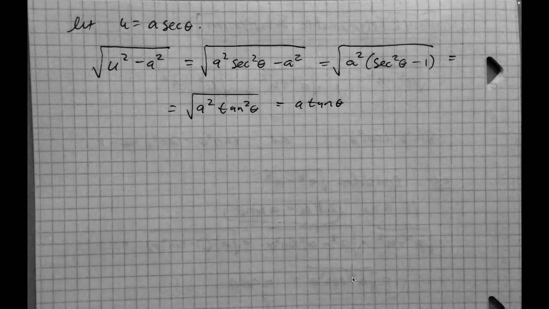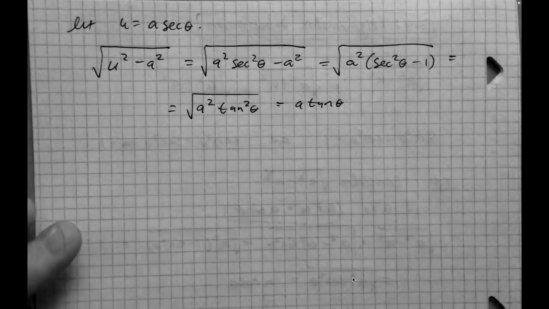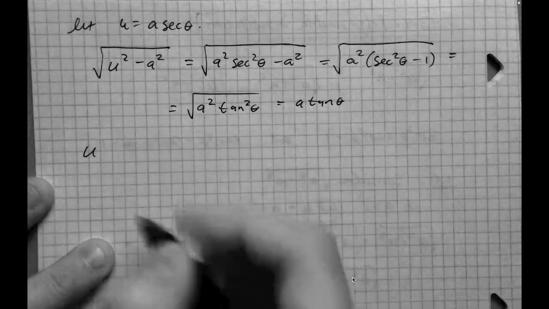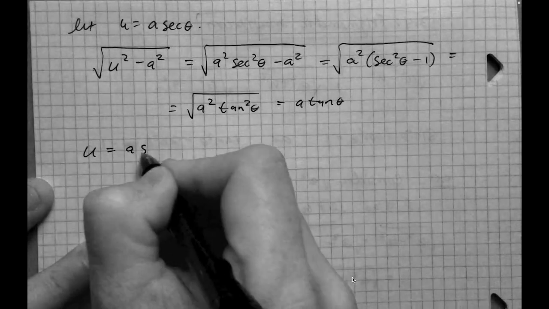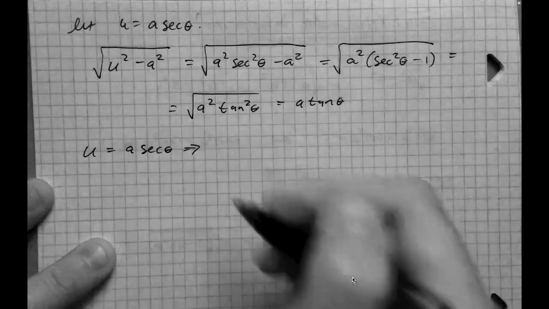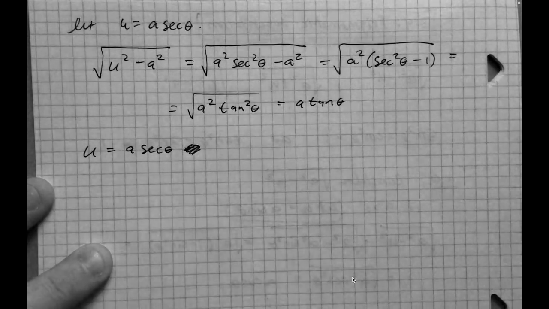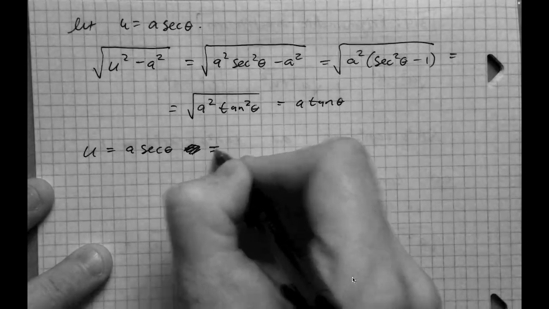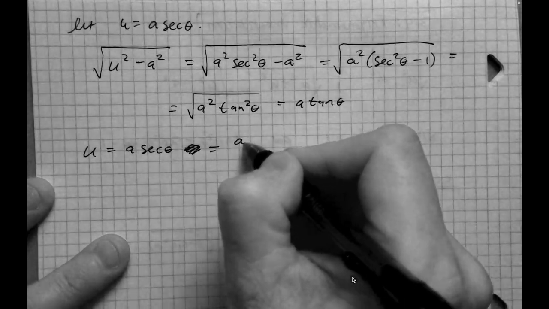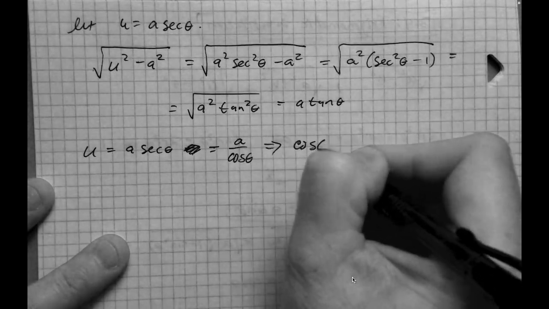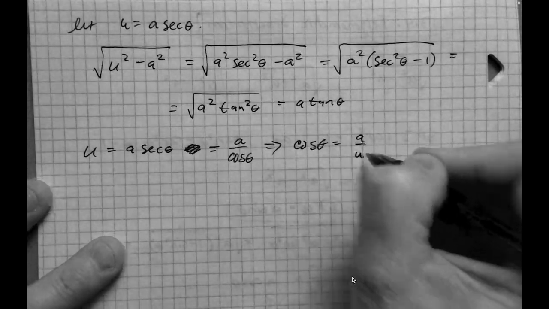All right. And so if we've got u equals a secant of theta, that implies that u is also equal to a over cos theta. And so that means cos theta is equal to a over u, right?